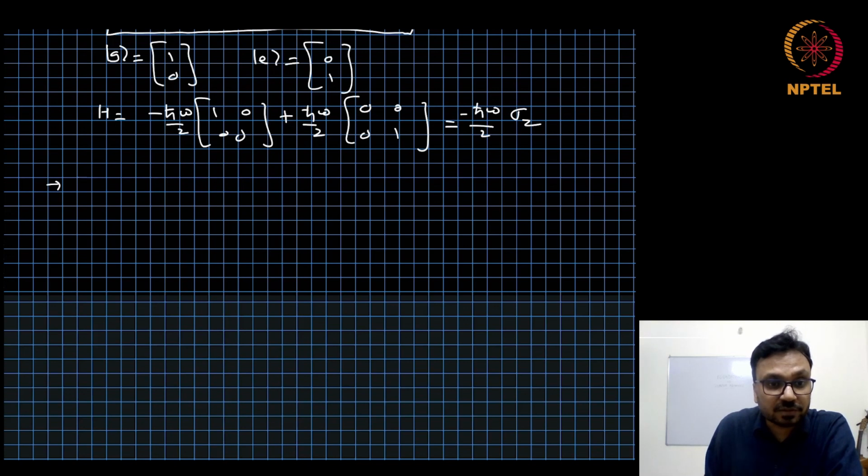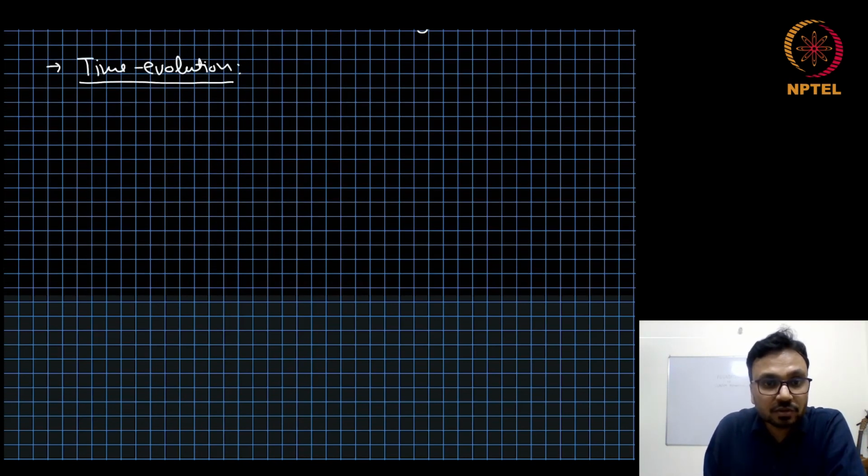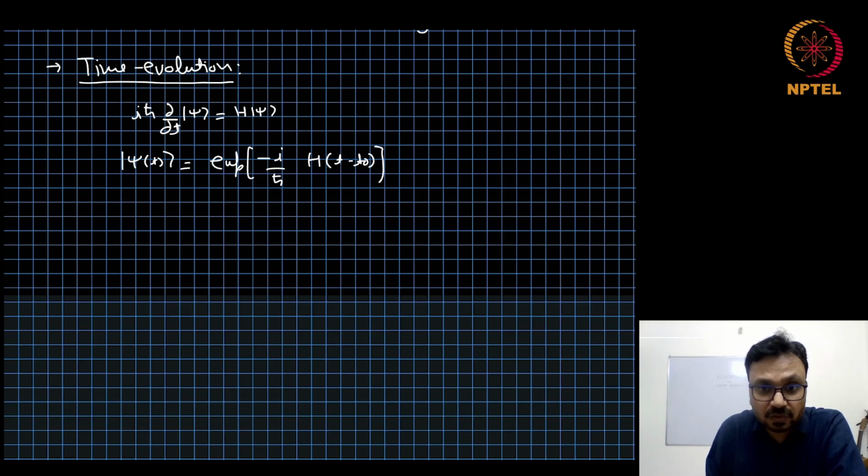Next is the time evolution. The Schrodinger equation does not change with the dimension, where H is the Hamiltonian, and if the Hamiltonian is time independent, then psi of t is exponential of minus i over h bar, H times t minus t0, psi of t0.